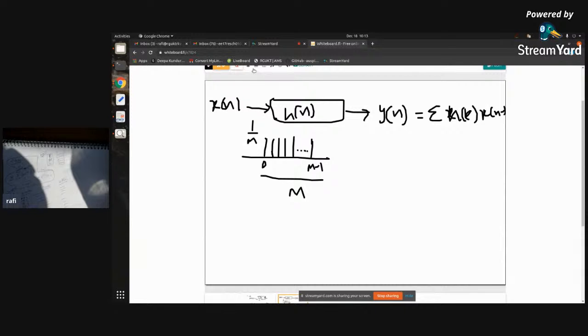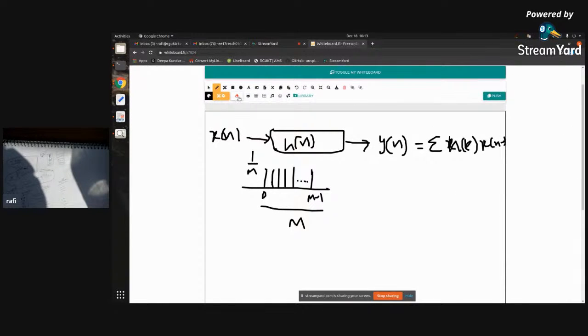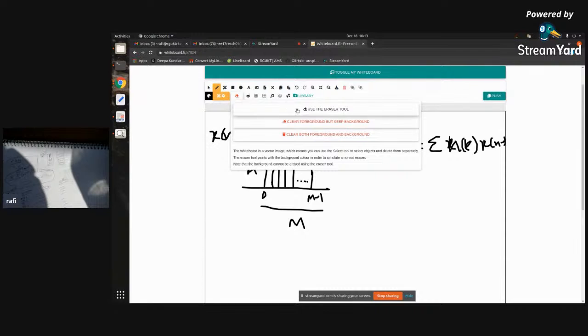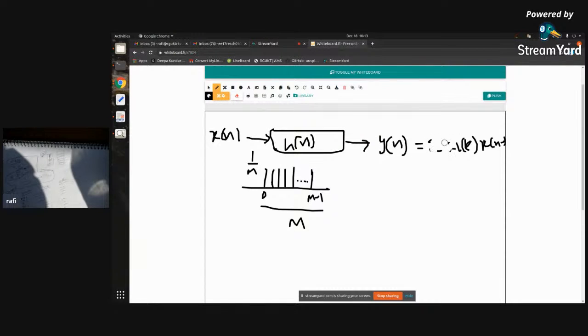This is nothing but summation over k from minus infinity to infinity of h of k and x of n minus k.